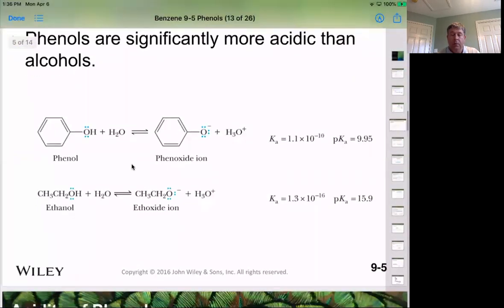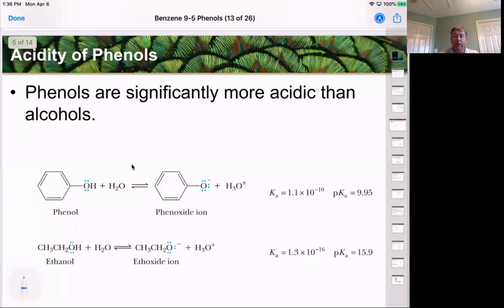Okay, so why are they important? Well, phenols are more acidic than alcohols, okay? Does that make sense? So let's think about this. We have phenols right here, have these two lone pairs here, and its ability to give up that lone pair is the stability of this anion, okay?